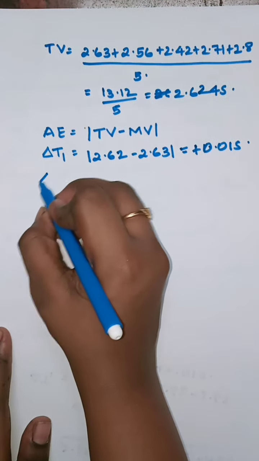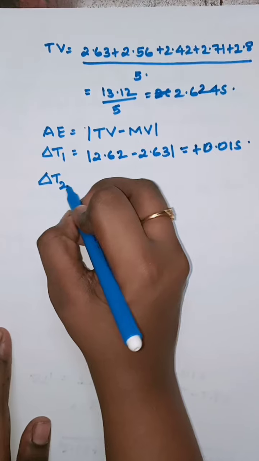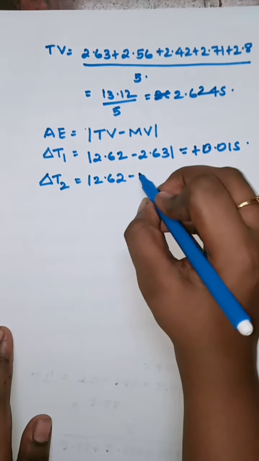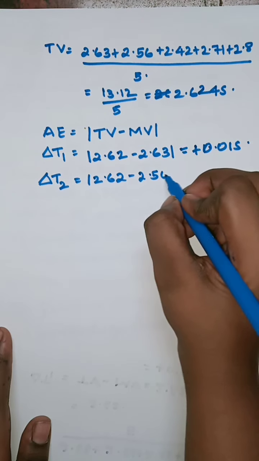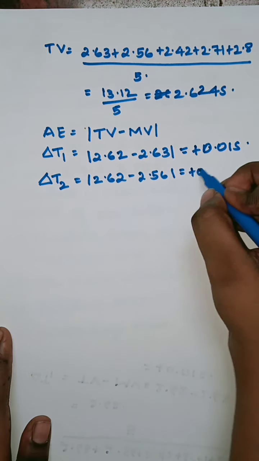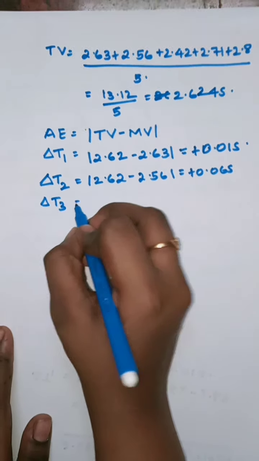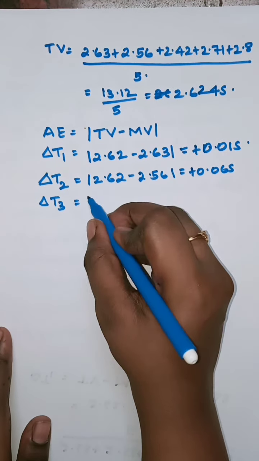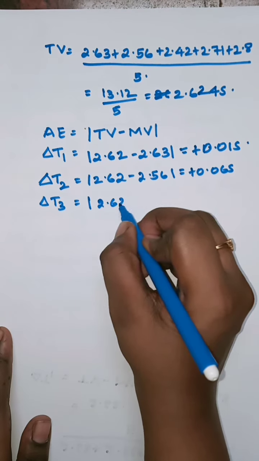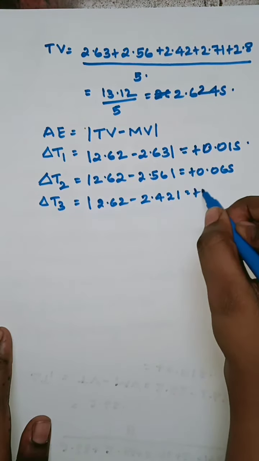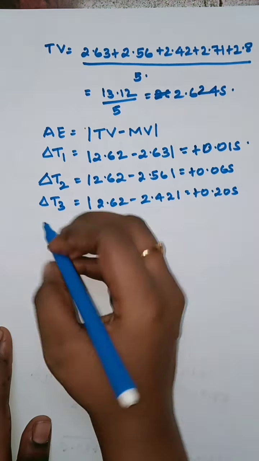Next, delta T2 is equal to the modulus of 2.62 minus 2.56. The answer is 0.06 seconds. Now the absolute error for T3 is 2.62 minus 2.42 seconds.